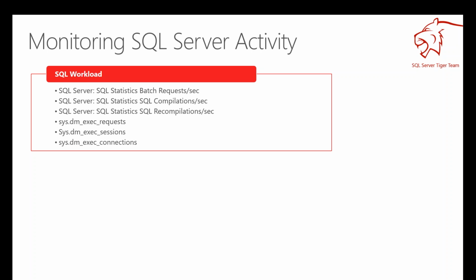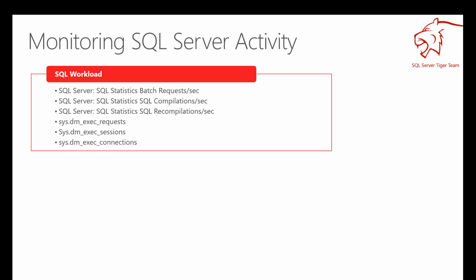Or if you see a lot of SQL recompilations per second, then you might be using stored procedures in your environment which are going for recompilation for a number of reasons. So SQL recompilations will help you understand the type of workload going to SQL Server, and if it's changing.